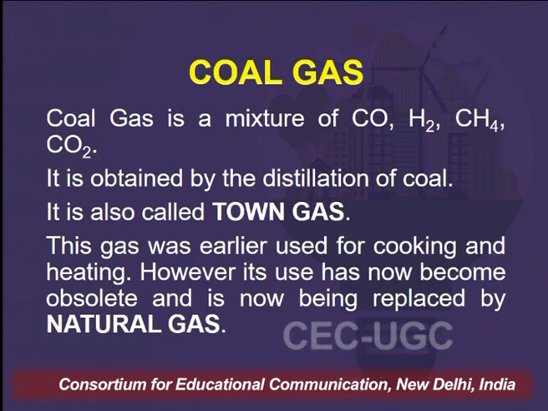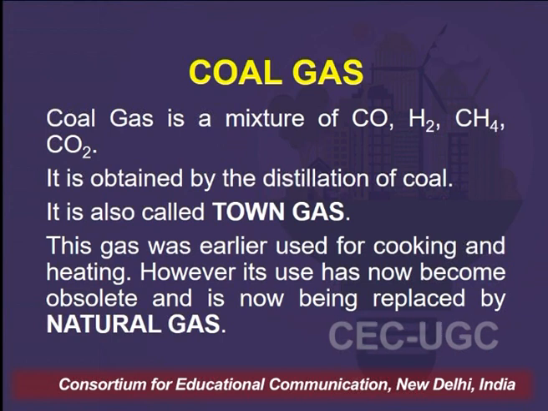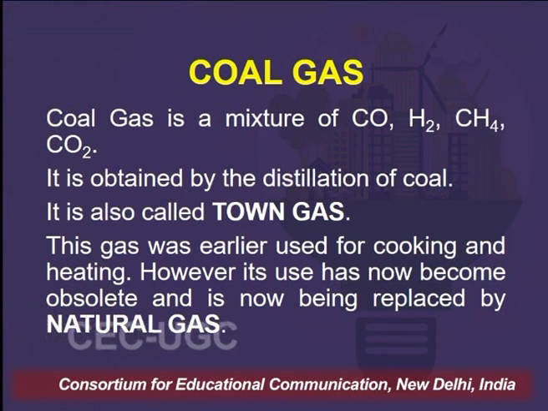This gas was earlier used for cooking and heating purposes. However, its use has now become obsolete and restricted, and therefore it is being replaced by natural gas, because of the amount of pollution which it causes.